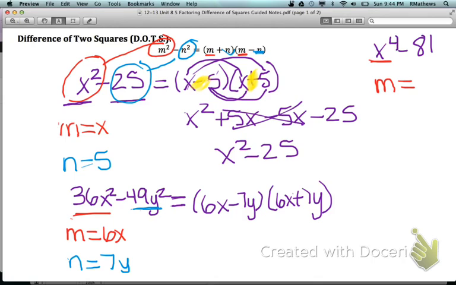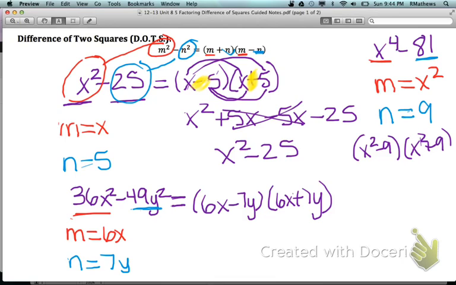So m is actually x squared. And then in this situation, the n squared is 81. So n is actually 9. So when I go to factor this, I'll end up with x squared minus 9 times x squared plus 9.